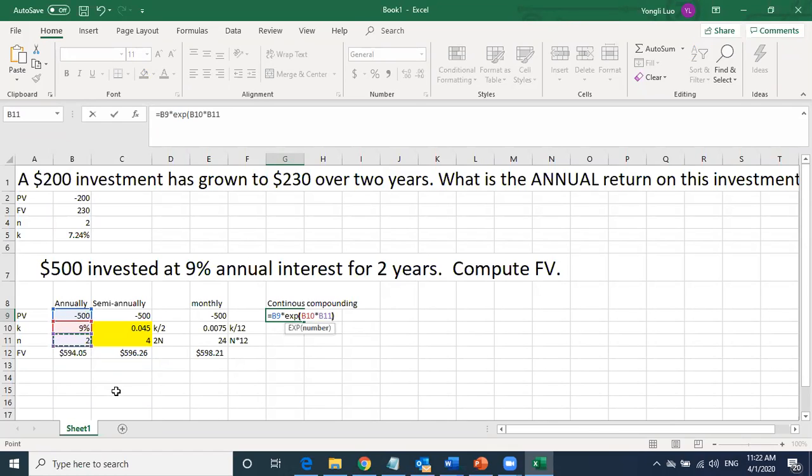That's continuous compounding. Continuous compounding is going to be even higher. So this one is going to be the future value times e, exponential, raised to the power of k times n. That's continuous compounding.